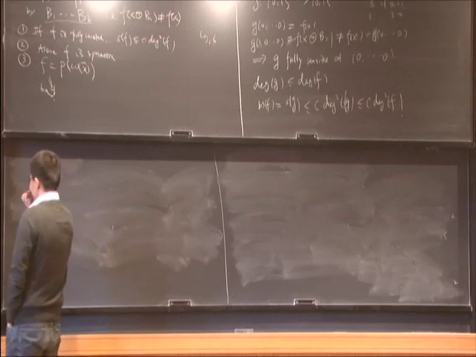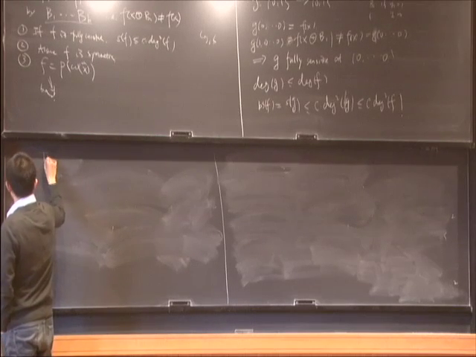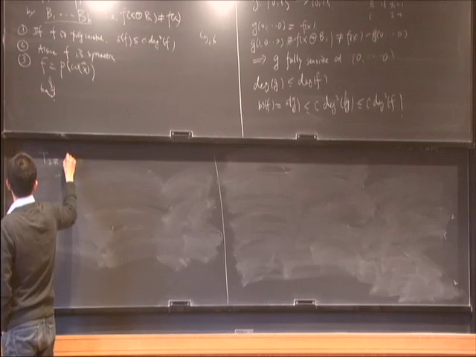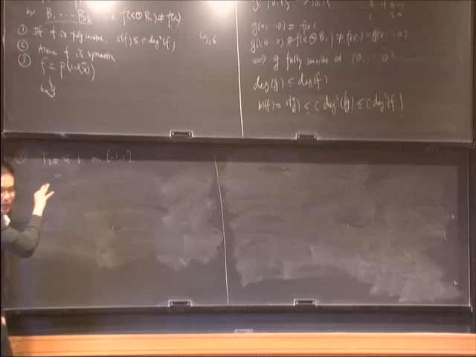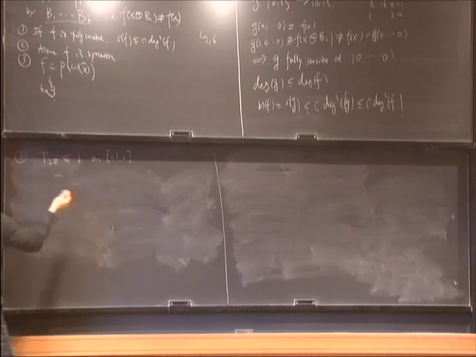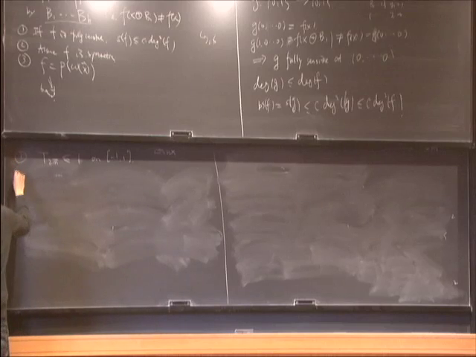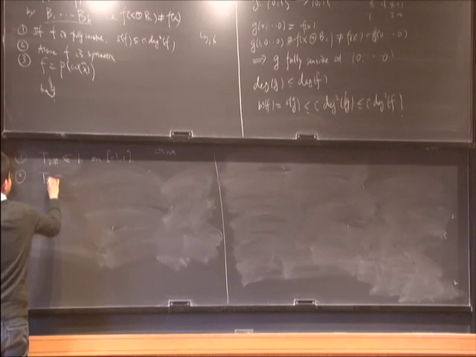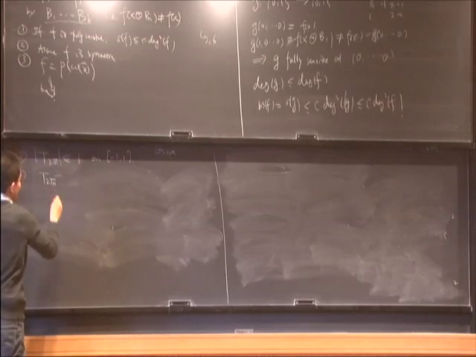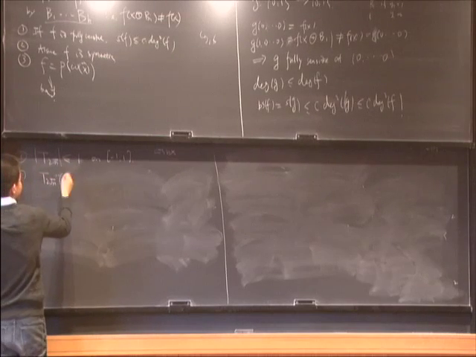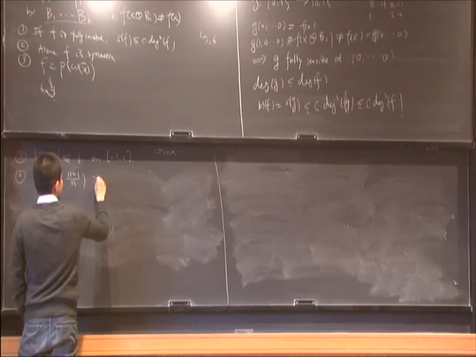So here I want to show two things. The first one is that the Chebyshev polynomial is always bounded by 1 in absolute value on minus 1 to 1, but this is kind of obvious, because you can think of it as the cosine form I mentioned. The second thing is that if you look at the value of this at n plus 1 over n, then this is greater than or equal to 4.